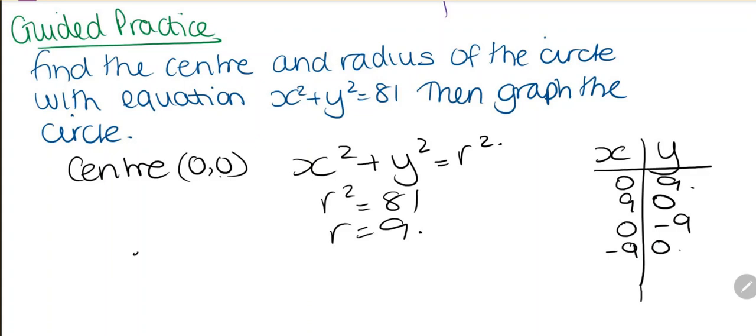So if we have a circle, and this is at 9 and minus 9, minus 9 and 9, we need to form a triangle.